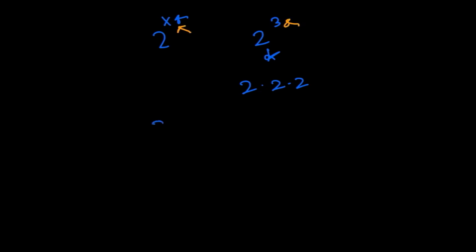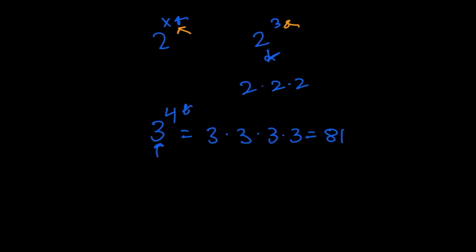So if I had 3 to the power of 4, that's going to be equal to 3 times 3 times 3 times 3. And this is equal to 81. And this will hold true for any number where we have this being the base, this being the exponent, and a quick tip for multiplying multiple numbers at once like this. There's two ways you can do it. You can either multiply each number.